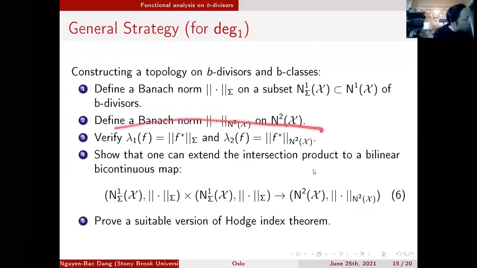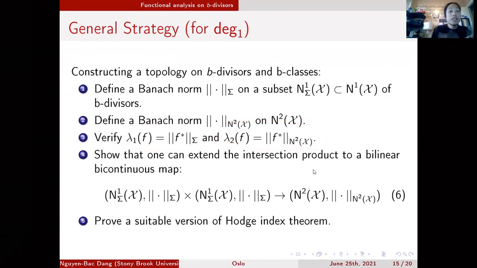Then you have to verify that the pullback induces a bounded operator whose spectral radius is lambda 1 in codimension 1 and lambda 2 in codimension 2.